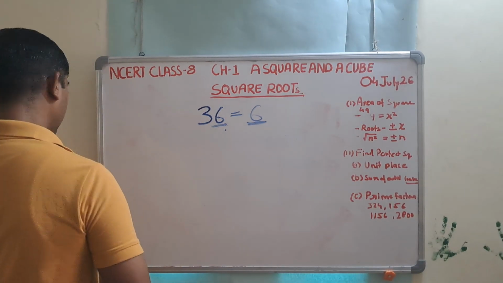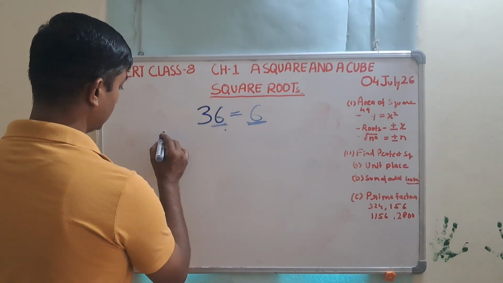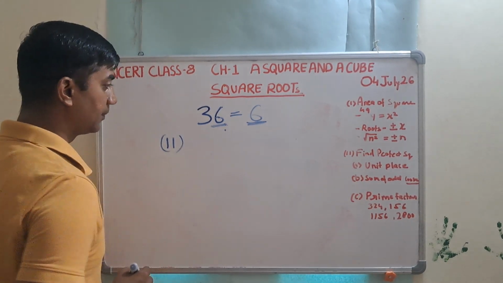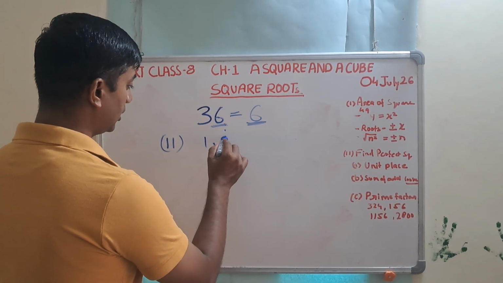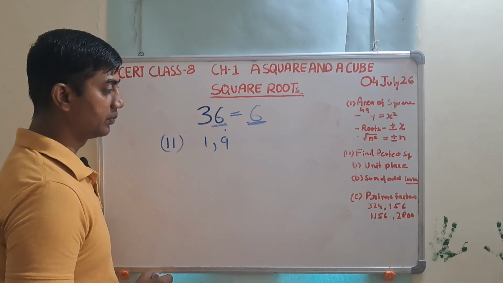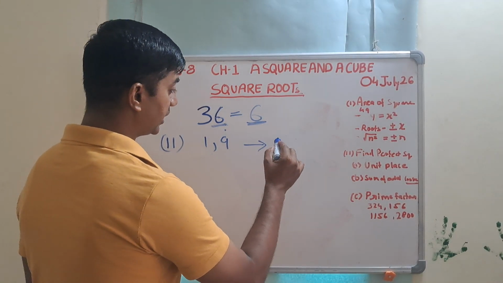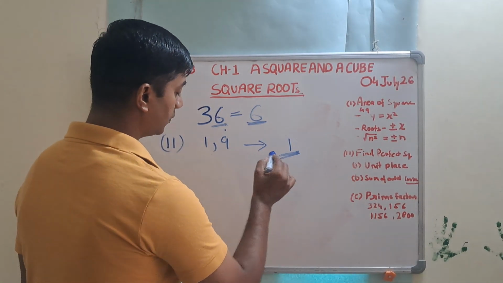What is the third method? The third unit place method is that if 1 or 9 is at unit place, then the perfect square's unit place is definitely 1.